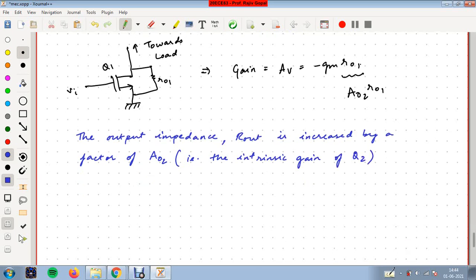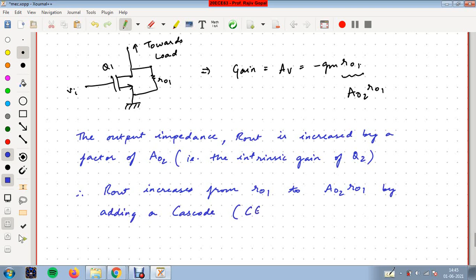Therefore R out increases from R naught 1 to A naught 2 times R naught 1 by adding a cascode transistor.